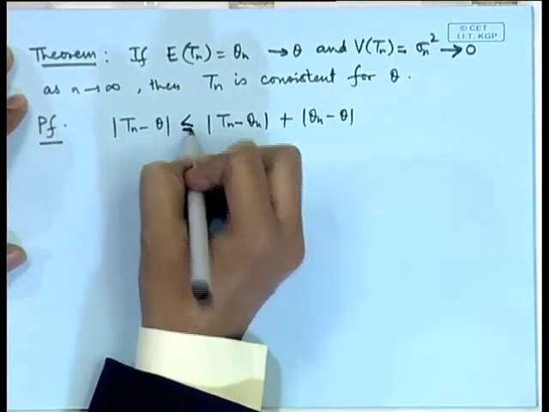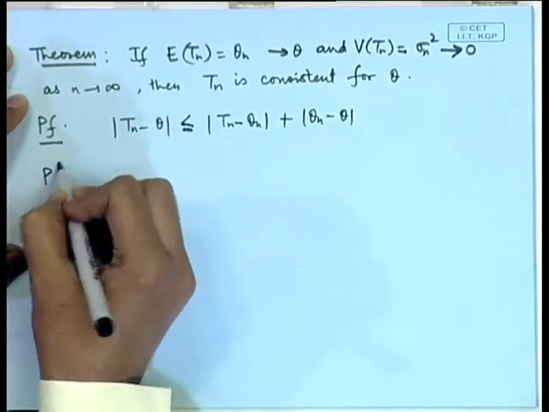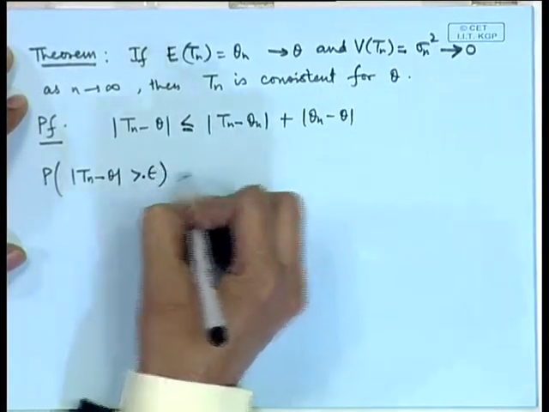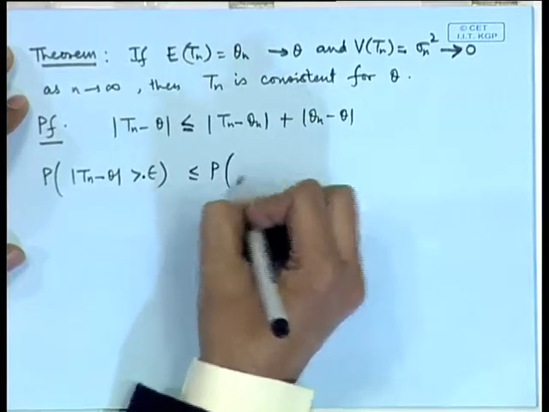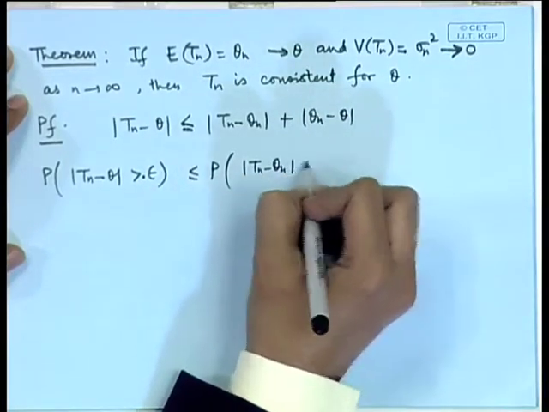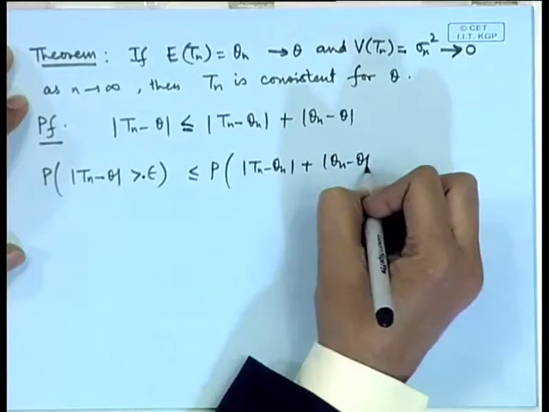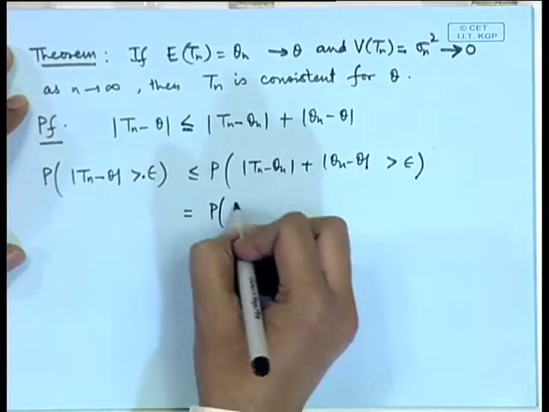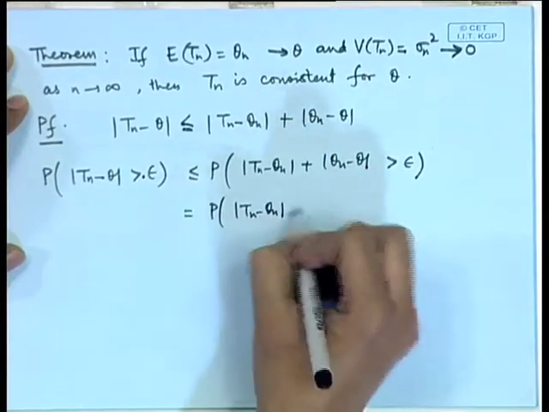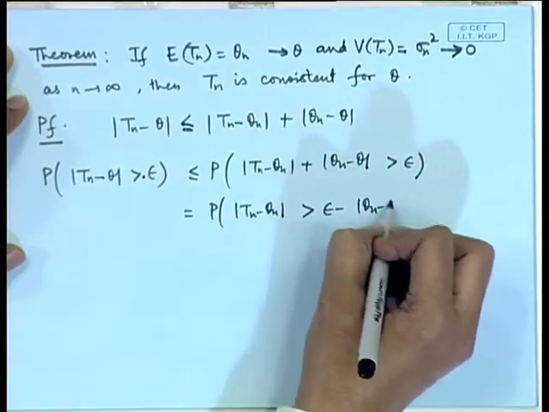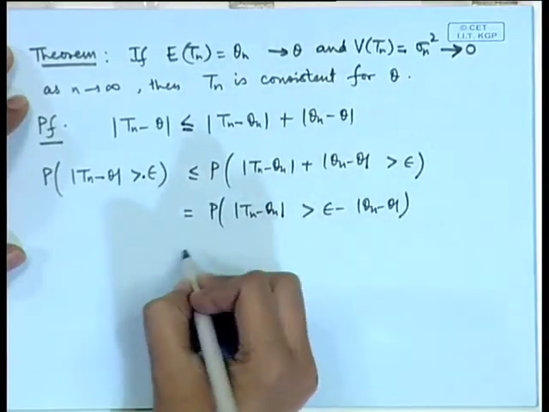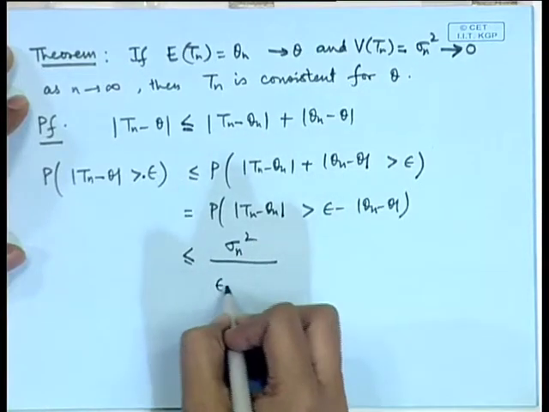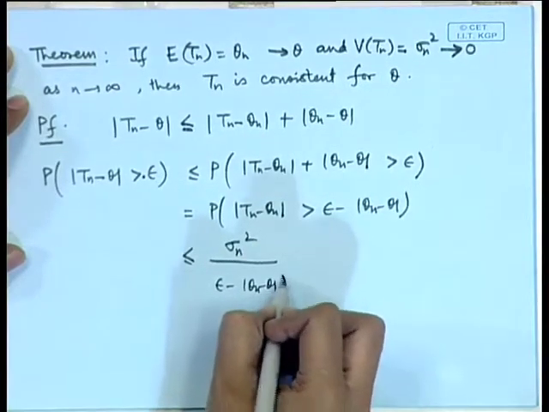So, if I look at the probability of modulus T n minus theta greater than epsilon, this is less than or equal to the probability of modulus T n minus theta n greater than epsilon minus modulus theta n minus theta. If I use Chebyshev's inequality, it is less than or equal to sigma n square by epsilon minus modulus theta n minus theta whole square.